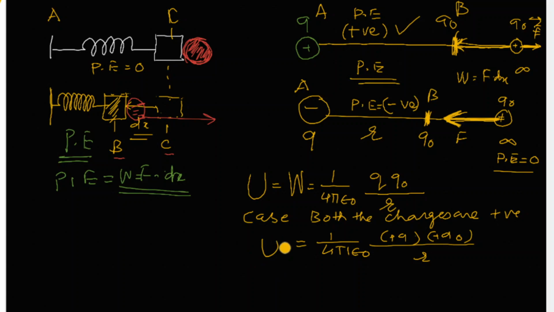So U, the potential or electrical energy, is positive.